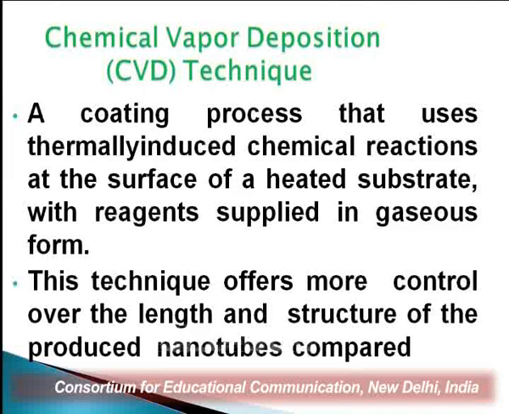Here we supply the gaseous hydrocarbons, and then the chain breaks and that is deposited on the coated surfaces, and that's why it is a coating process that uses a thermally induced chemical reaction, where we use the gaseous form as a reagent.